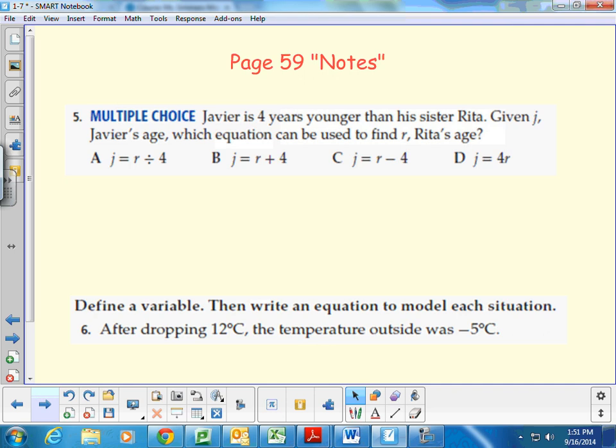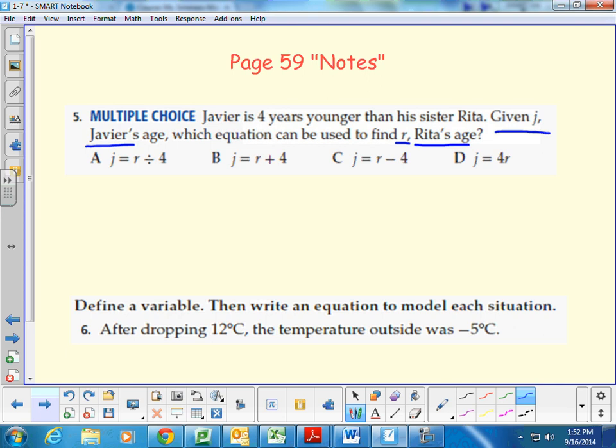Last one, 59 again. Javier is 4 years younger than his sister Rita. Given J, Javier's age, write which equation of the multiple choice below can be used to find R, Rita's age. Sometimes you're given variables. In this case, we know that J stands for Javier's age, R stands for Rita's age.